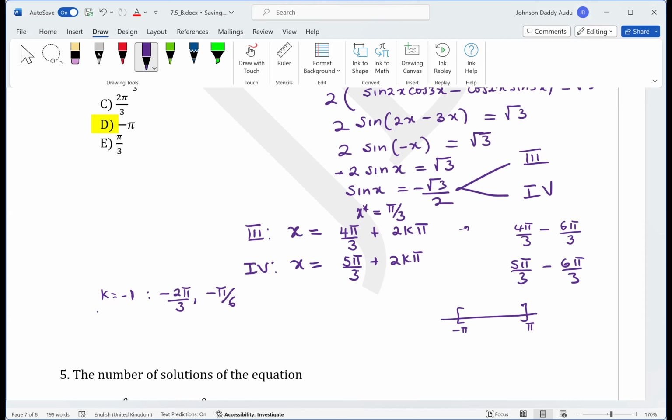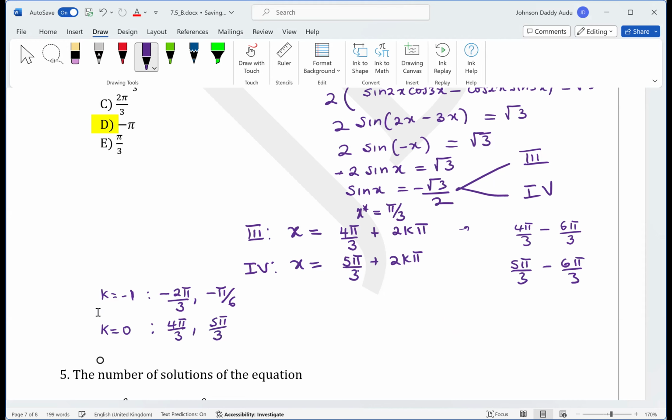All right, so let's see another one. If you try k equals to 0, we have 4 pi by 3, which is already outside, or we have 5 pi by 3.